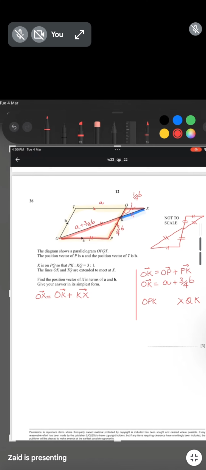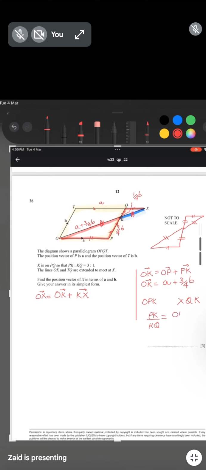The ratio must include three sides known and one side unknown. So rather I should take this one and this one. So that is going to be PK over KQ, because they both are known to me, equal to OK over KX, one known and one unknown.